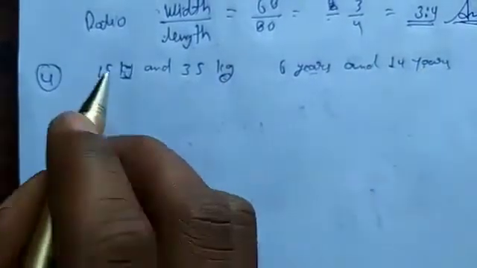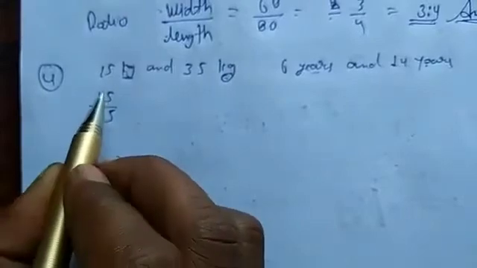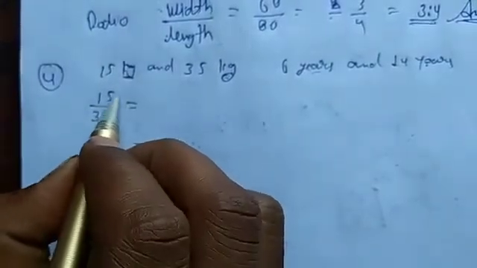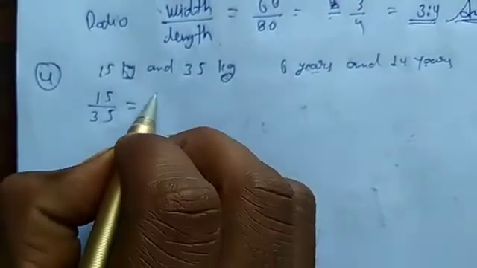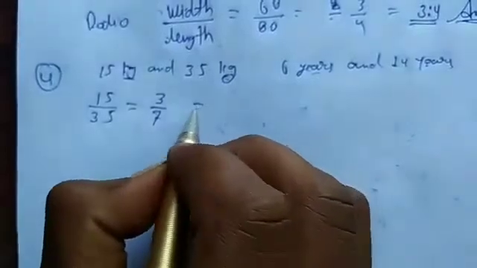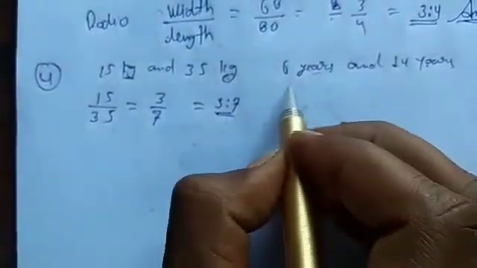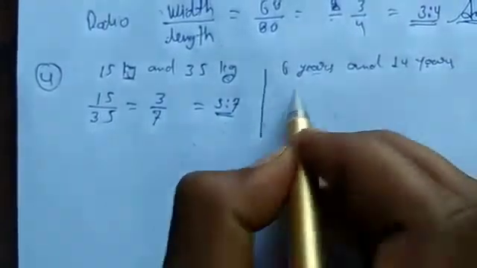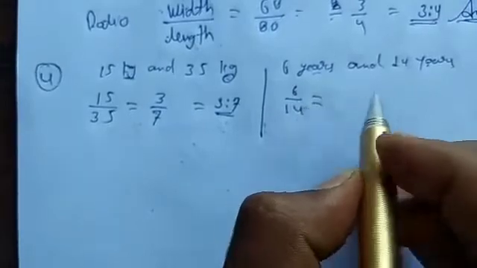So simply convert this ratio into its lowest term. 15 upon 35, its HCF is 5. Cancel by 5: 5 threes are 15, 5 sevens are 35. Its ratio is 3:7. Now check this: 6 upon 14. Their HCF is 2.